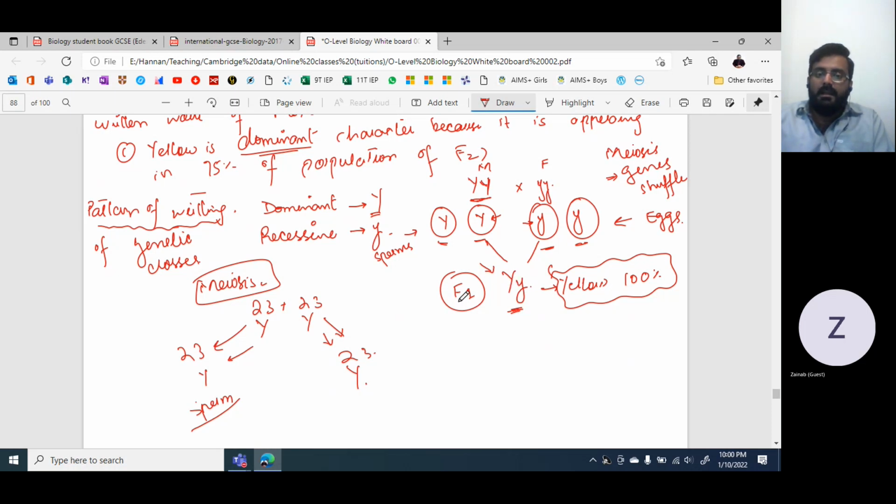It means that in the F1 generation, all the sperms are giving the normal gene to the upcoming offspring, and the normal gene is creating the yellow seed. So if all the sperms are containing the alleles for the yellow seed, then all the offspring would be yellow. Are you understanding this? Yes.